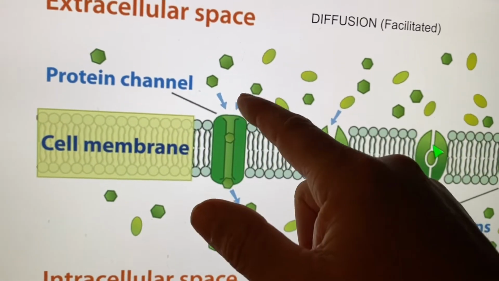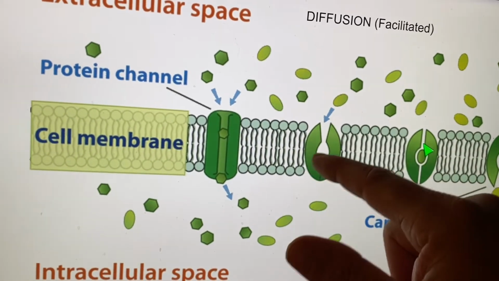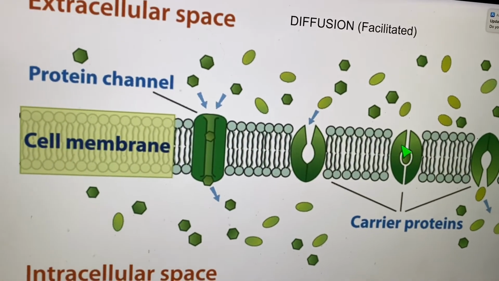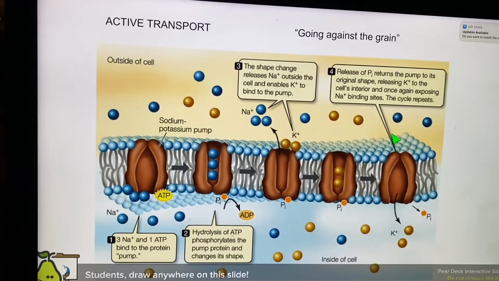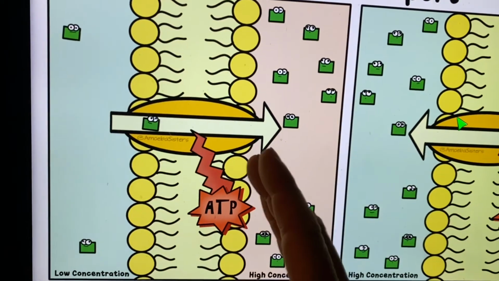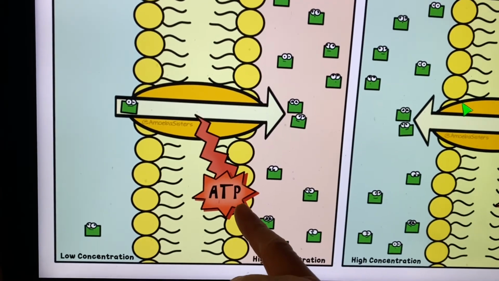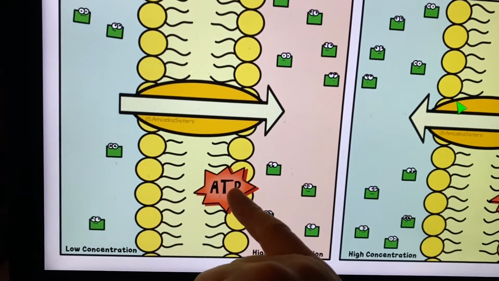Water moves through facilitated diffusion. Sugars move through facilitated diffusion. And then the last type is called active transport, and that's when you go against the flow. That requires energy of the cell, which is ATP, adenosine triphosphate.